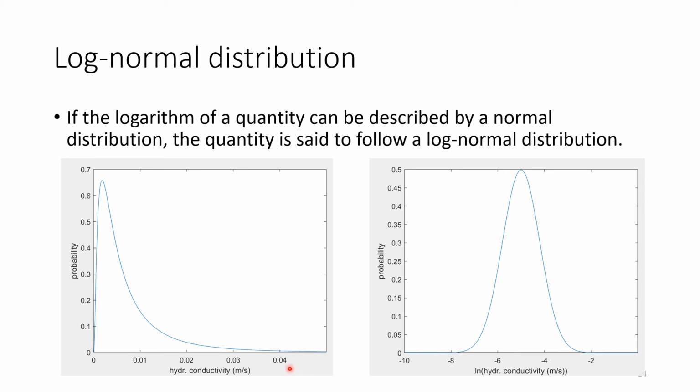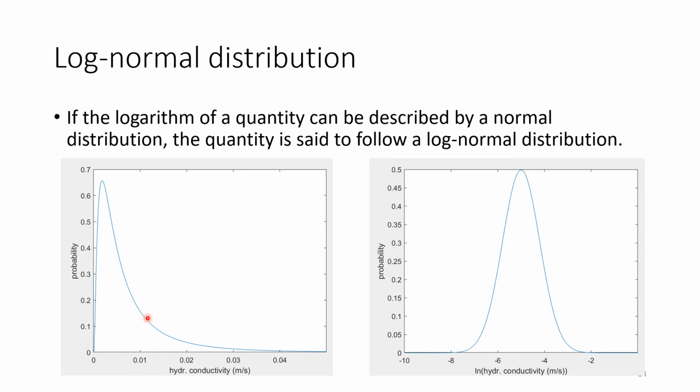If I consider I have a hydraulic conductivity of 0.04 meters per second, but I might have a lot of numbers, so let's say 10 to the minus 9, 10 to the minus 6 meters per second, they all would pile up somewhere here down to 0. So this is what we would call a log-normal distribution. So all those kinds of values are kind of hidden.